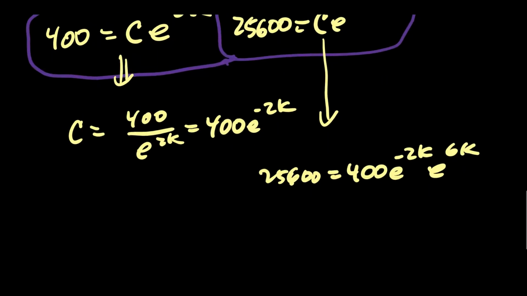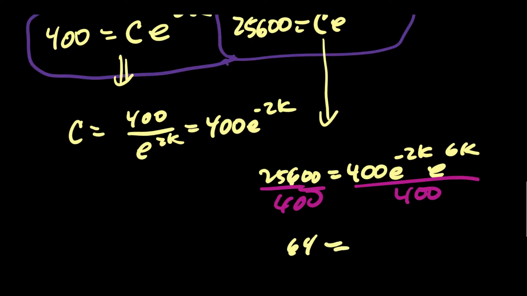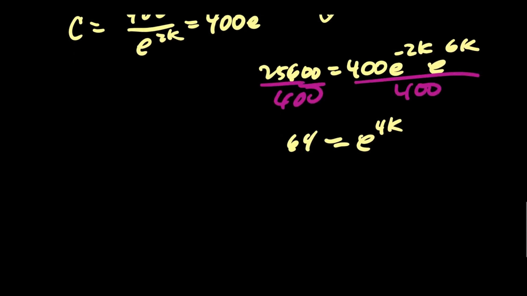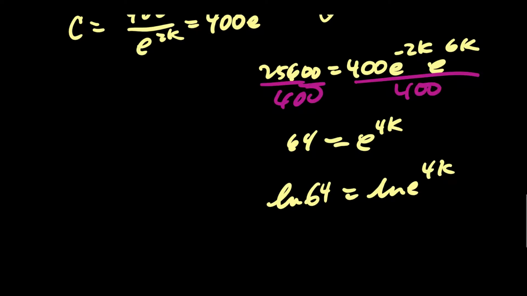If you divide both sides by 400, you get 64 on the left, and on the right you get e to the 4k power. Then you take the natural log of both sides, because if the variable is in the exponent, then you need to use natural log or log to solve.